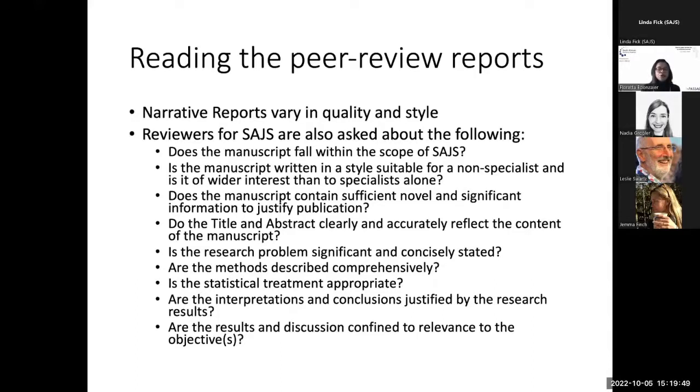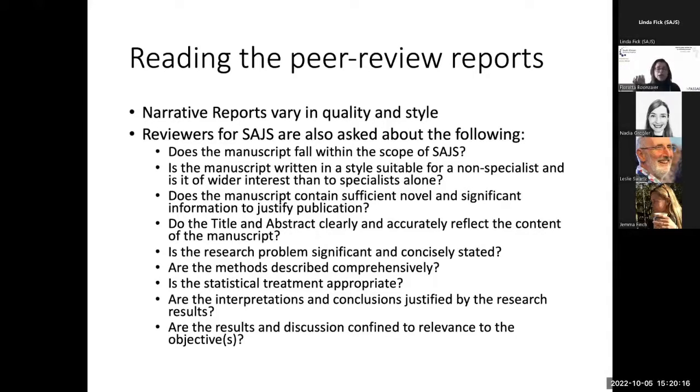But then the reviewers will also be asked a range of other questions, and this may be in a manuscript submission form that accompanies the narrative report, or, as in the case of the South African Journal of Science, it may be in the form of online questions that the reviewer is asked.